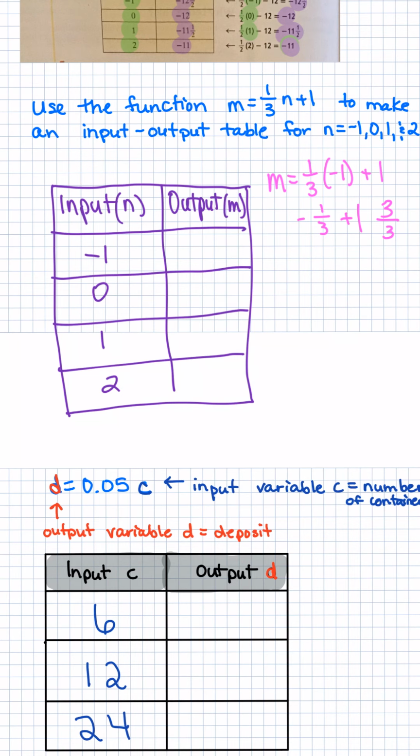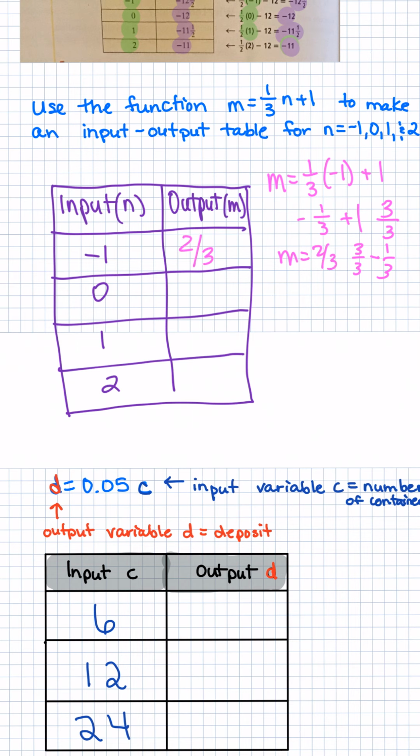That also equals 1. So then -1/3 plus 3/3 is going to equal 2/3. So m equals 2/3.